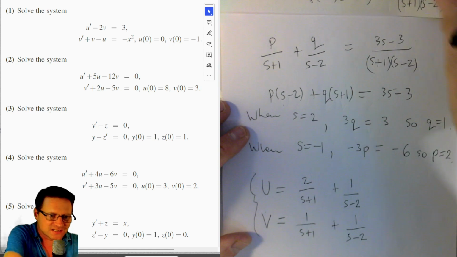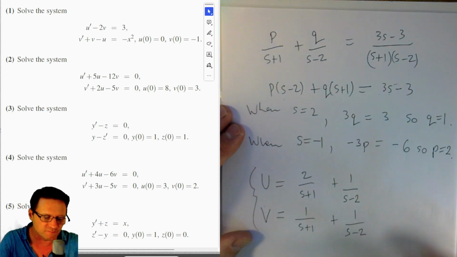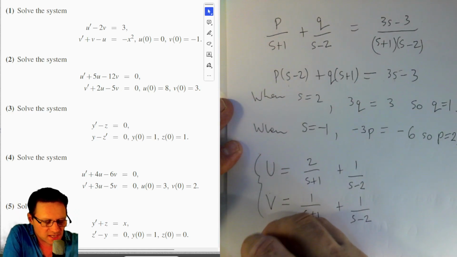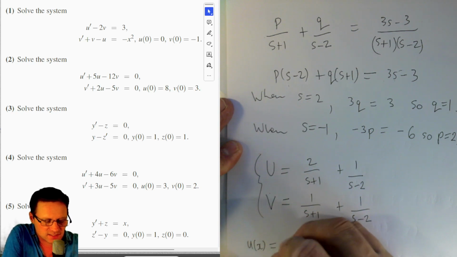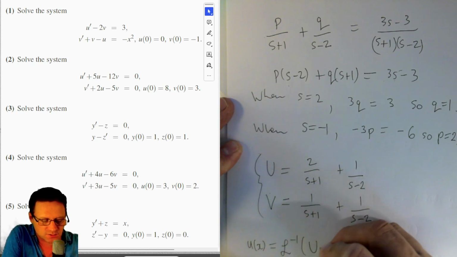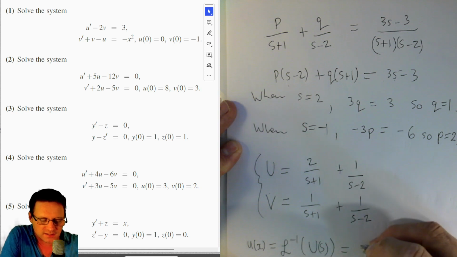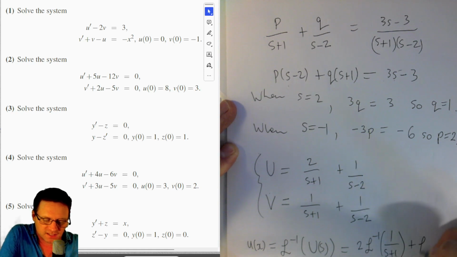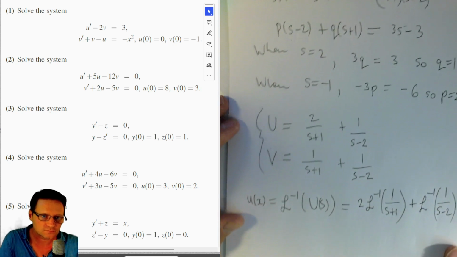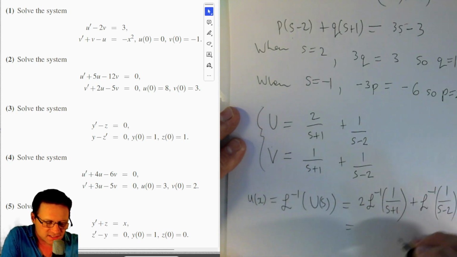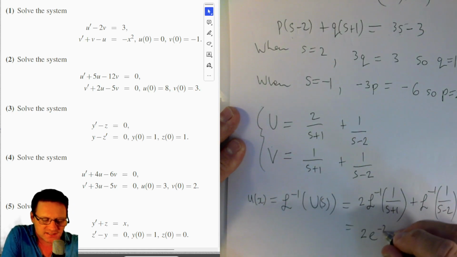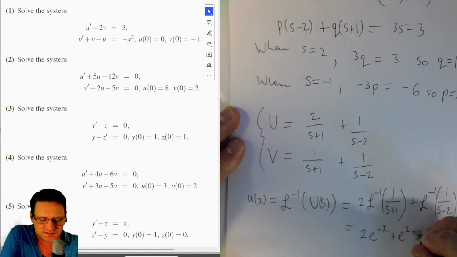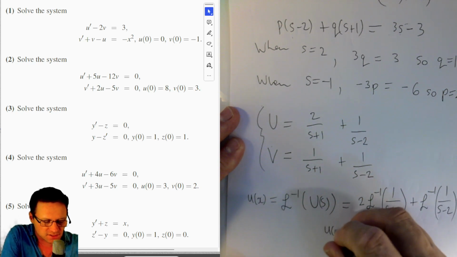Okay, now it's time to take the inverse Laplace transform of both of these. So lowercase u as a function of x is the inverse Laplace transform of uppercase U of s. And so that's 2 inverse Laplace of 1 over s plus 1 plus inverse Laplace of 1 over s minus 2. And so for this, we get 2e to the minus x plus e to the 2x. And this is our u of x.